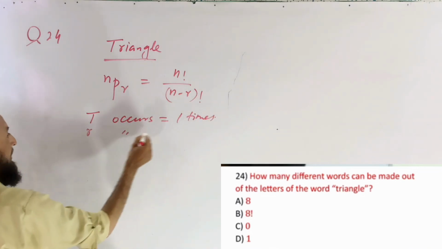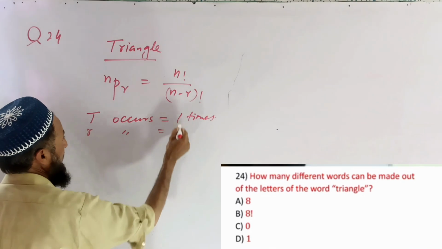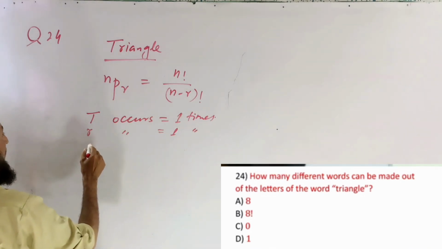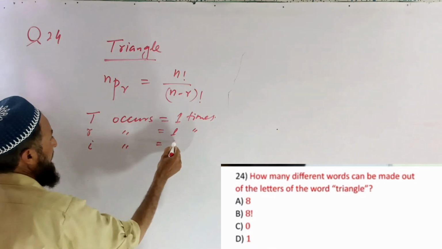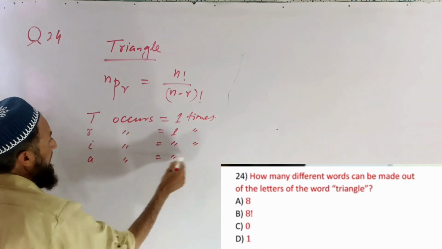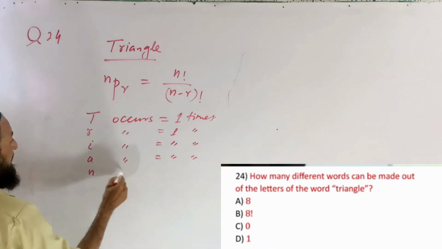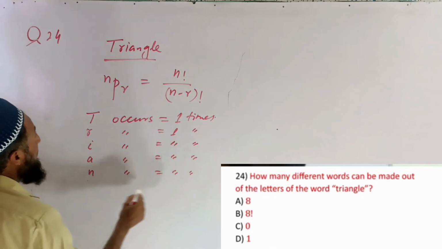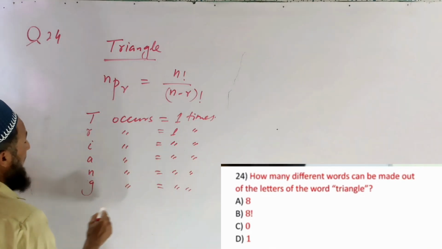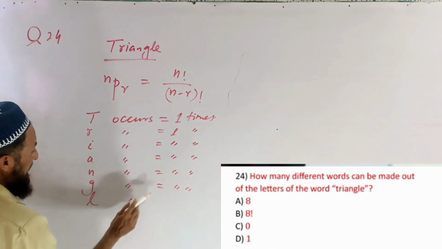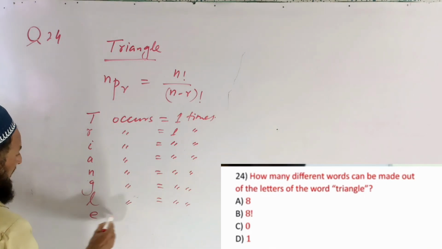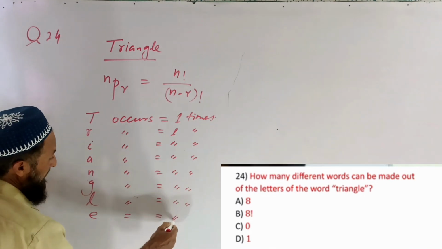Similarly, R occurs one time. I is repeated only one time, A only one time, N only one time, G only one time, L only one time, and E also one time.